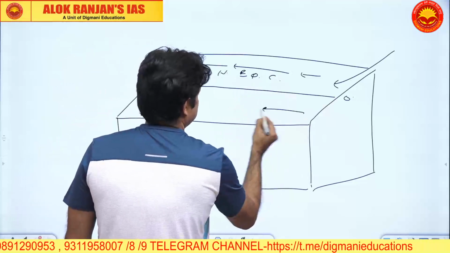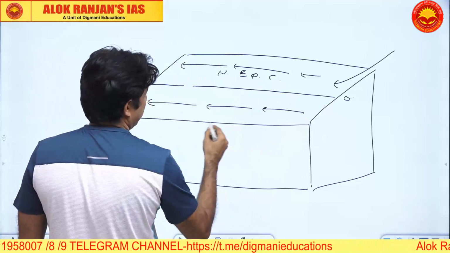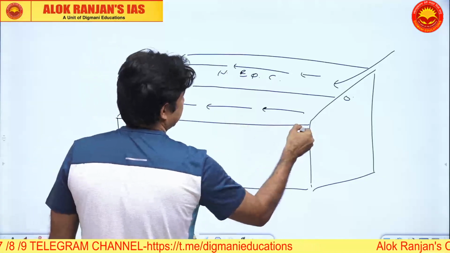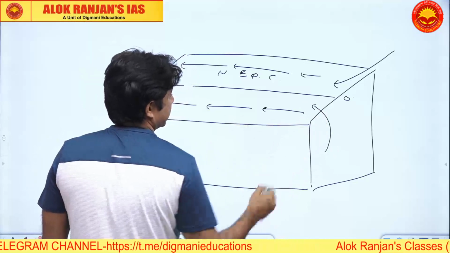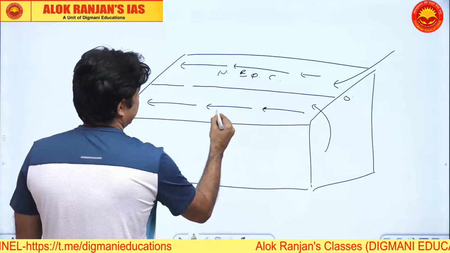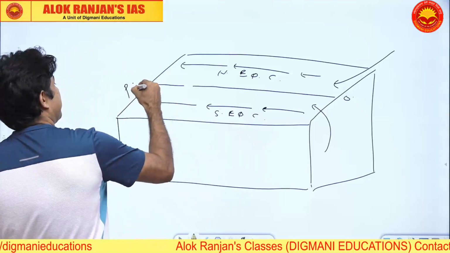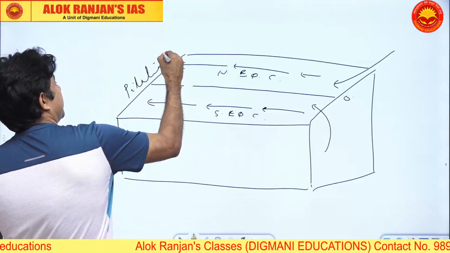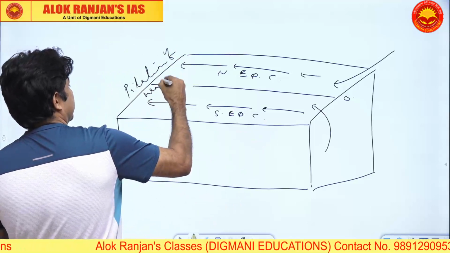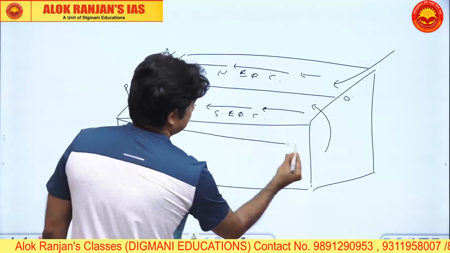This diagram will be valid in all the oceans and all the discussions on ocean current. This is your South Easterly trades, and this is your South Equatorial Current. Now here you will have piling of water. So as I said, this will be the sea level.